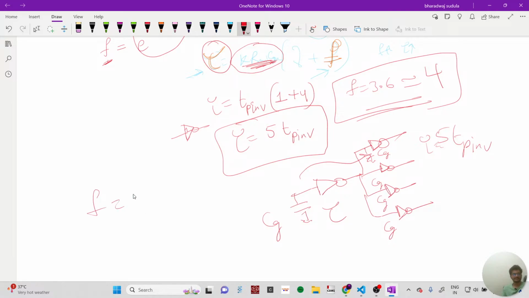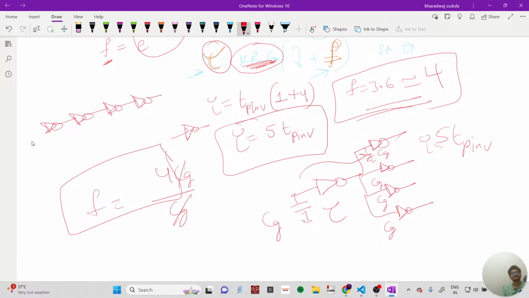So fan out is 4 CG by CG. You'll get 4. This is the optimal value for a chain of inverters. For a chain of inverters, if you have fan out 4, you'll get the minimal delay.